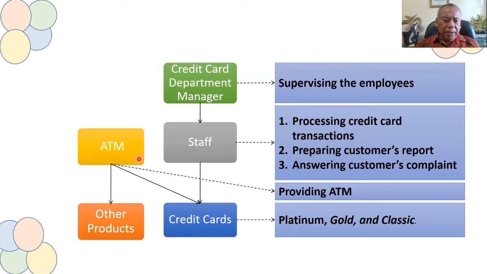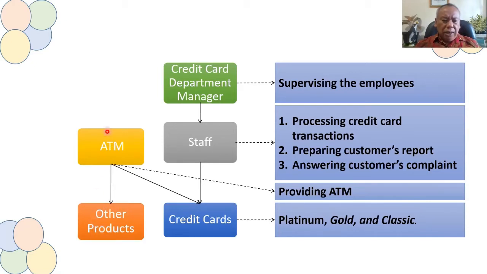ATM expenses include in this case all resources related to this ATM. There is a building, air conditioning, electricity, and others. For example, 10 million, and then we need to allocate to credit card, for example, 4 million, and the remaining 6 million will be allocated to other products.